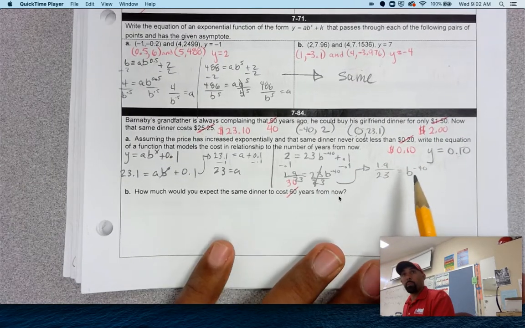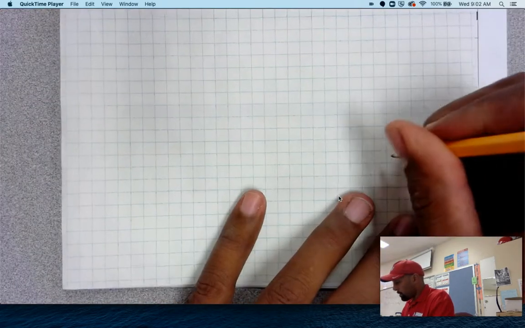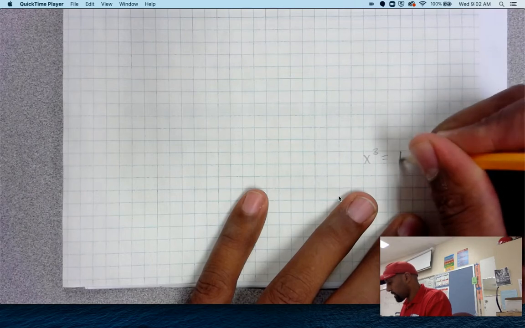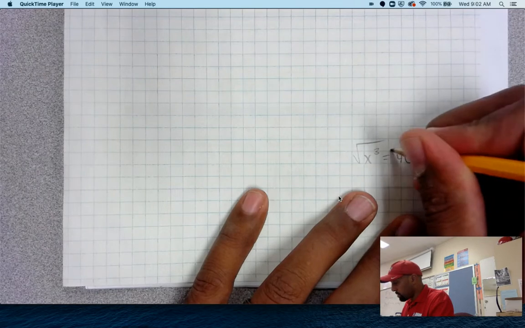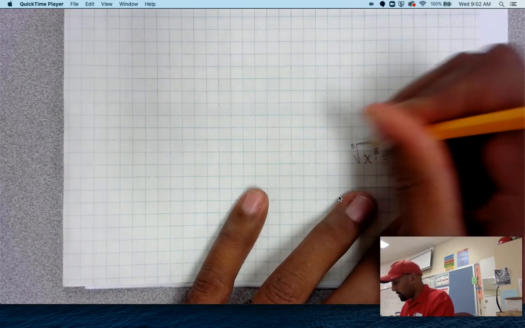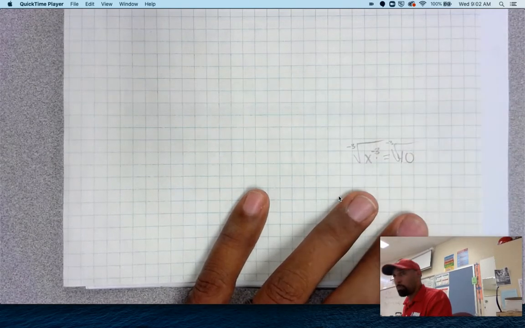Now, you guys remember in the past when we had any variable raised to an exponent and you have something on the other side, I would root both sides, right? And the root depends on your exponent. If my exponent is 3, I would do the cube root. If this was a negative 3, I would do a negative cube root.